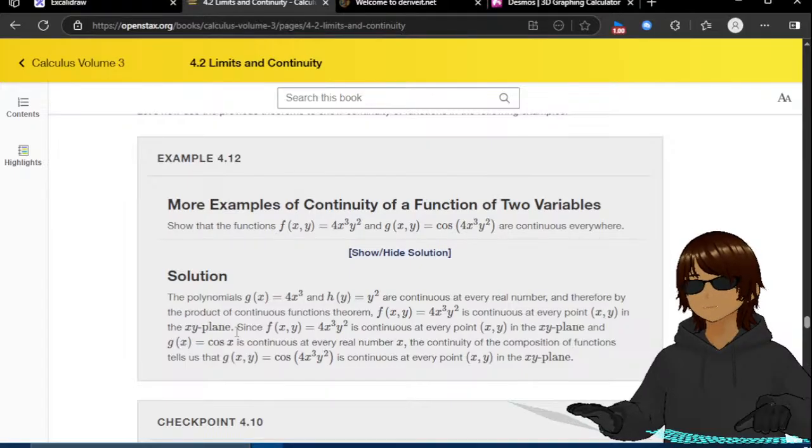Since f of x, y equals 4x cubed y squared is continuous at every point in the xy plane, and g of x equals cos x is continuous at every real number, the continuity of the composition of functions tells us that g of x, y equals cos of 4x cubed y squared is continuous at every point in the xy plane.